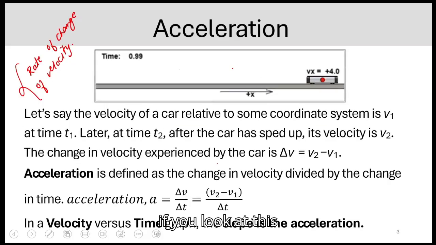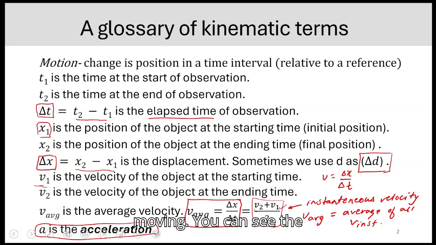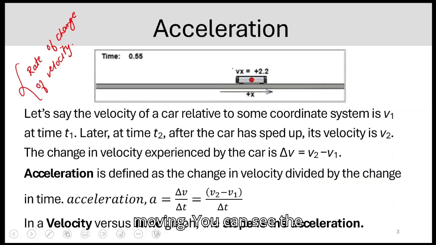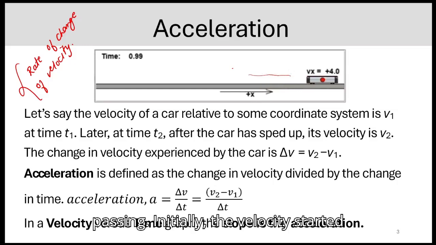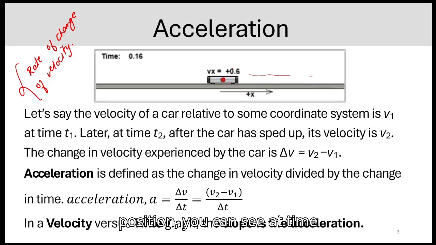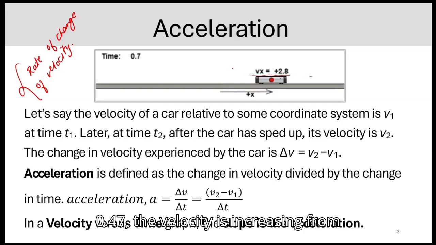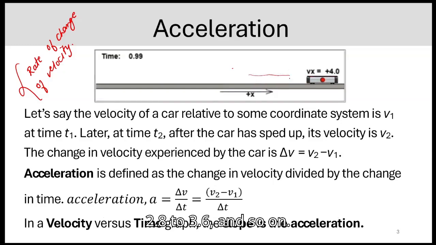If you look at this animation, you can see the velocity is changing as the time is passing. Initially the velocity started at a lower value, and now at the final position you can see at time 0.47 the velocity is increasing from 2.8 to 3.6 and so on. Basically, as the time passes, the velocity changes from one value to another.